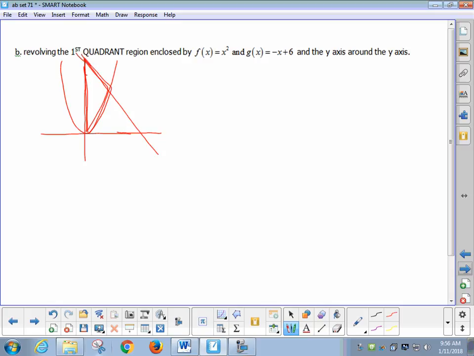In that case, then, this would be this region revolved around the y-axis. What would we have to do? You need 2 integrals. Okay? In the interest of time, let's move on to the last part.